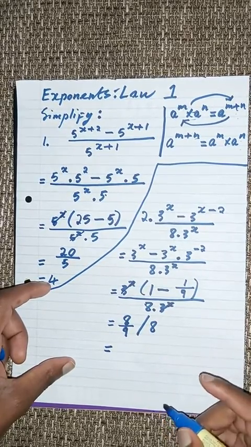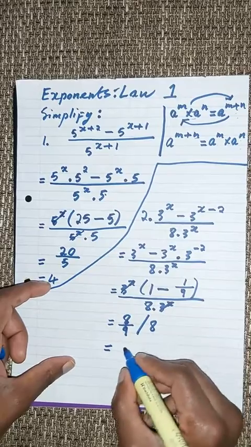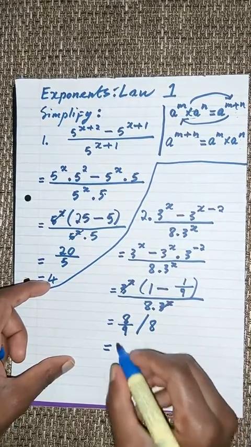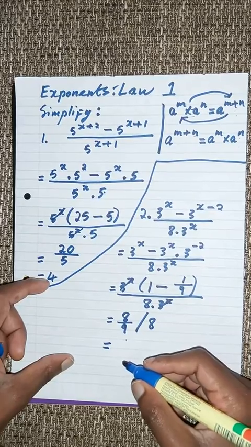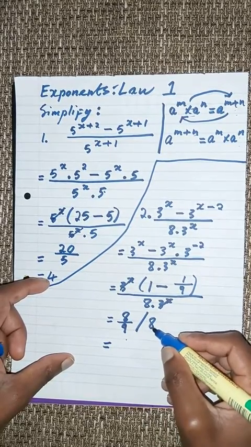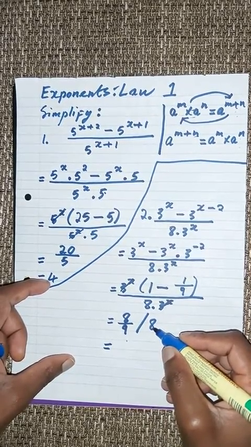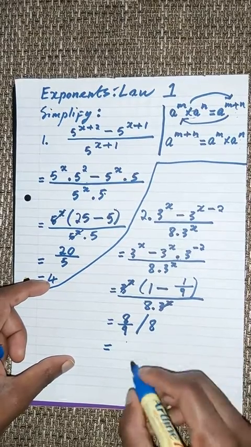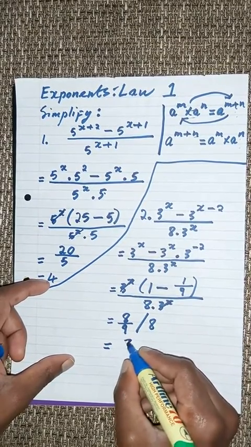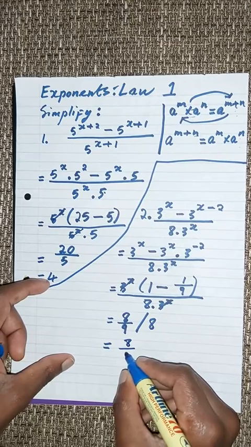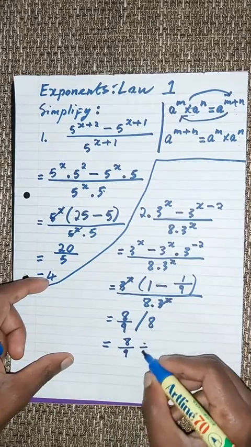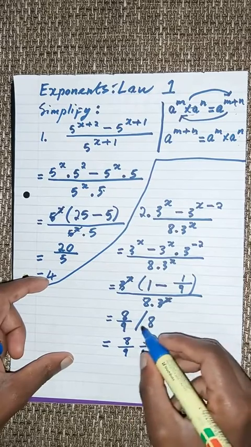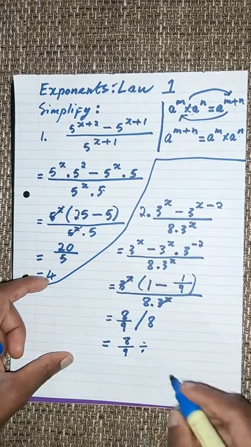Let me write it like this for you guys to understand the part of a reciprocal. A reciprocal is the inverse of what you have. So if I have 8, the reciprocal of 8 is 1 over 8.